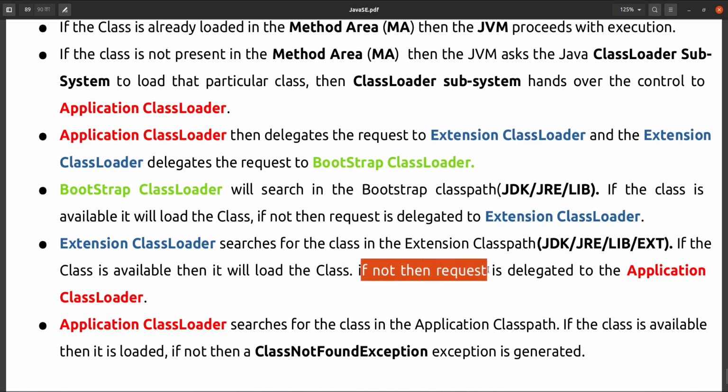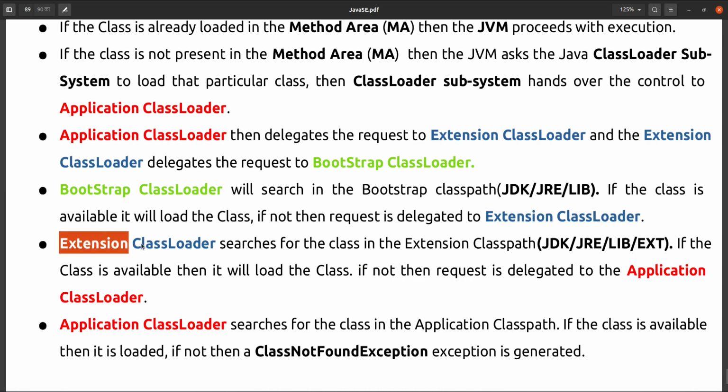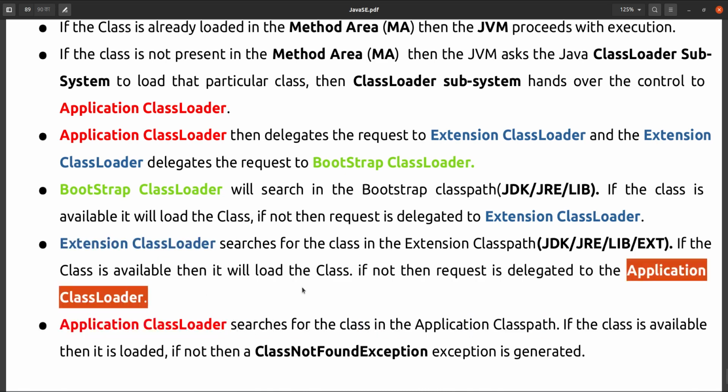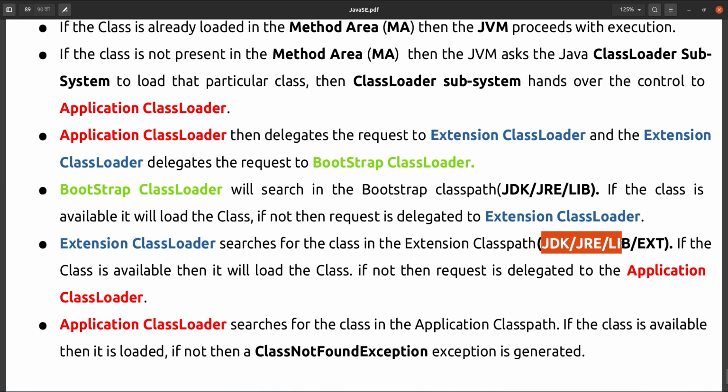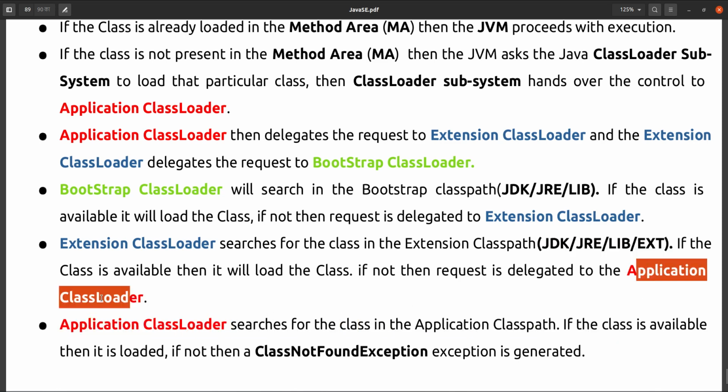If it is not available, then your extension class loader will delegate the request to the application class loader. Or we can say that if your extension class loader is unable to find the class under the JDK JRE lib extension library, then it will hand over this job to the application class loader.